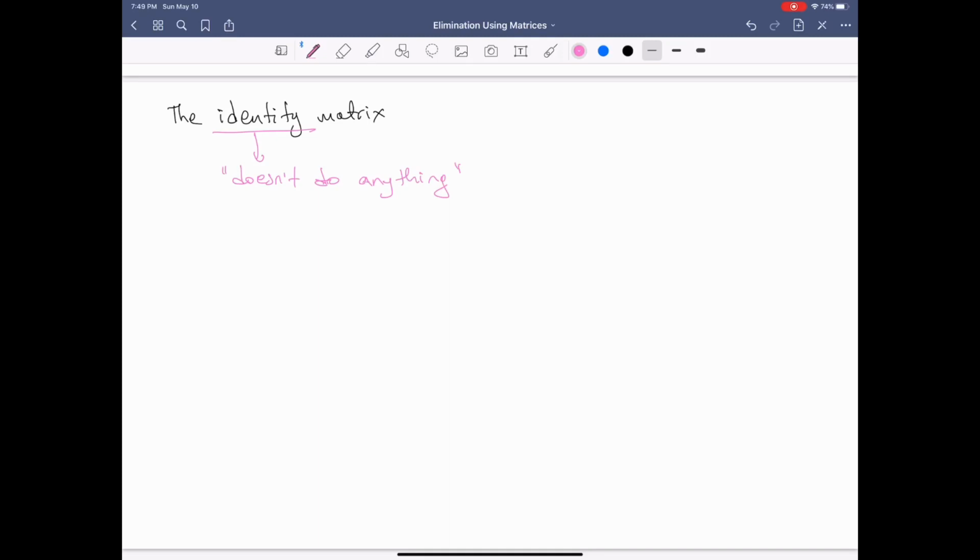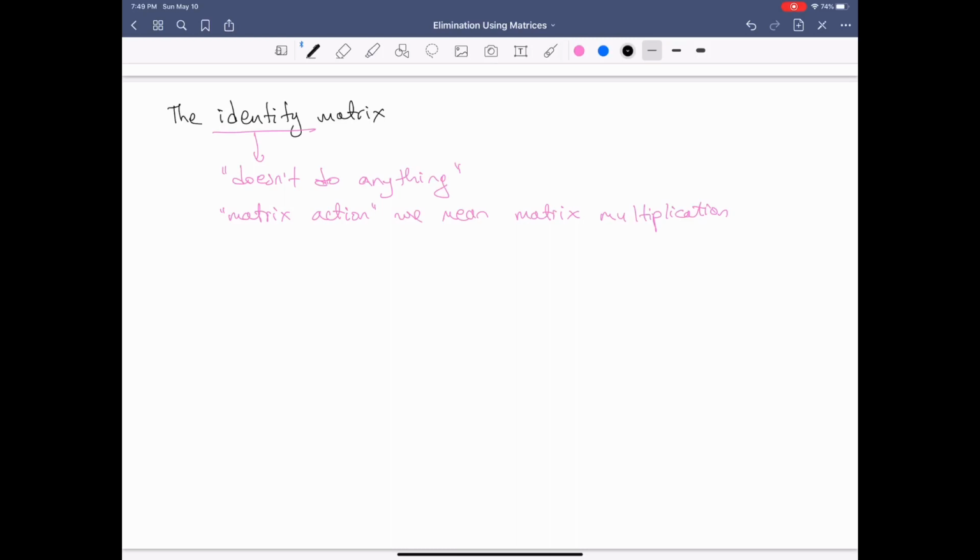And what do we mean by apply a matrix or a matrix action? So by matrix action, we really mean matrix multiplication. In other words, when we multiply by this identity matrix, we want it to do nothing, let's say, on a vector.